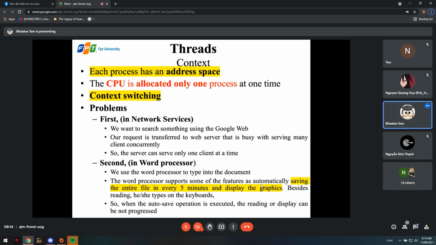Think about it, you are typing an important document, and it used to happen to us in the older versions of Microsoft OS. And then you forget to click the save button to save a copy of your data from the RAM into your hard disk. And then suddenly there was a power failure.